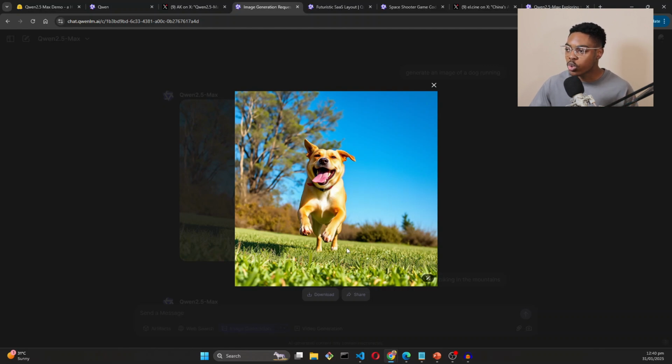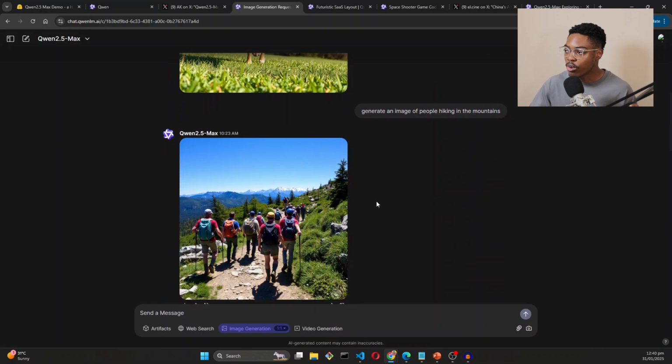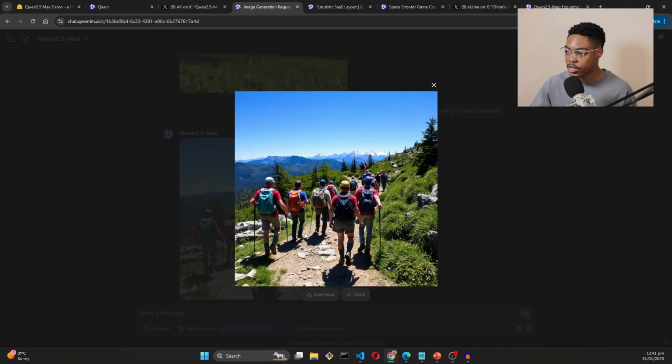And then also for the dog, it looks exactly like a dog, which is amazing, and the toes are the exact amount, which is nice. This one worked amazingly. So on the next one, I asked for people hiking in the mountains, and this was spot on. If you look at this, you think it's real life and it wasn't AI generated.